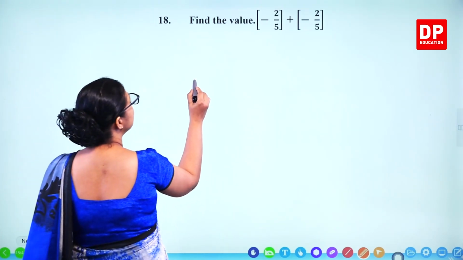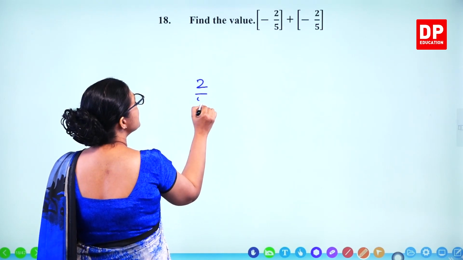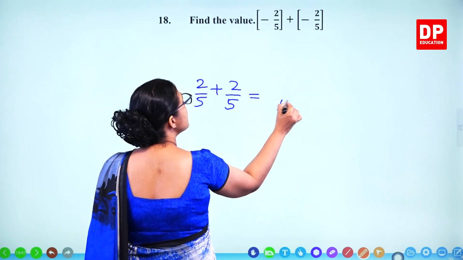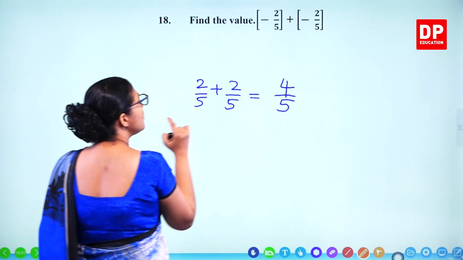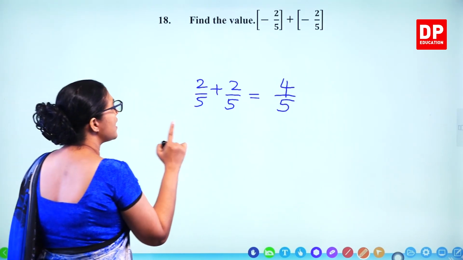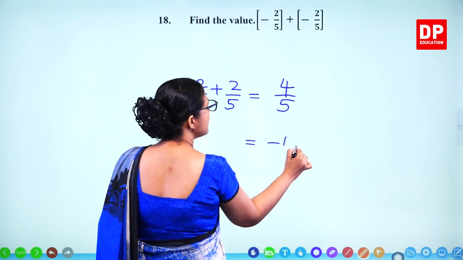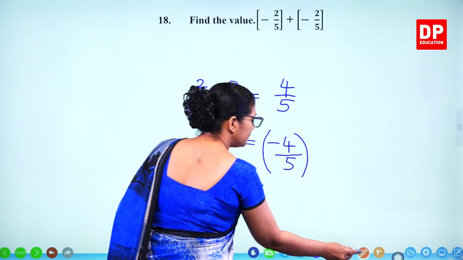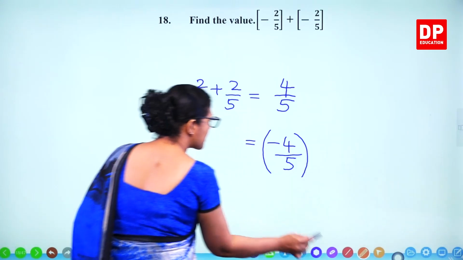So just add it. 2/5 and 2/5, same denominator. You just add 2 and 2, that's 4/5. This is negative, so this answer is -4/5. So you get 2 marks for that.